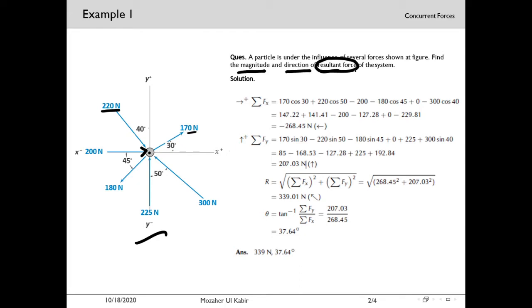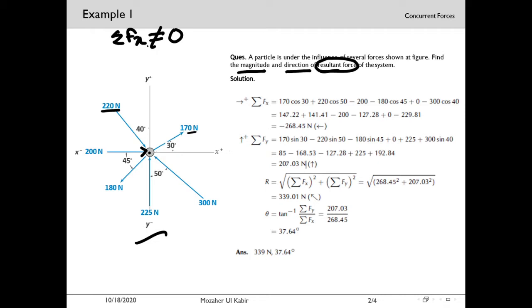So it is actually expressing that the force system is not in equilibrium. As it is not in equilibrium, the summation of Fx will not be equal to 0. There will be a certain value of summation of Fx, and similarly a certain value of summation of Fy.